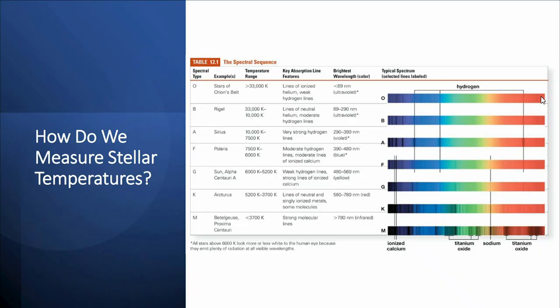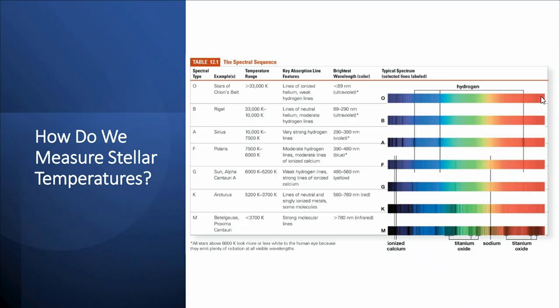Different chemical elements will have different properties depending on their temperature. So the biggest thing is your ionization level will change depending on temperature. So for something like hydrogen, it only has one electron, and so it's easy to get that electron out of your atom, and now you have an ionized hydrogen atom.